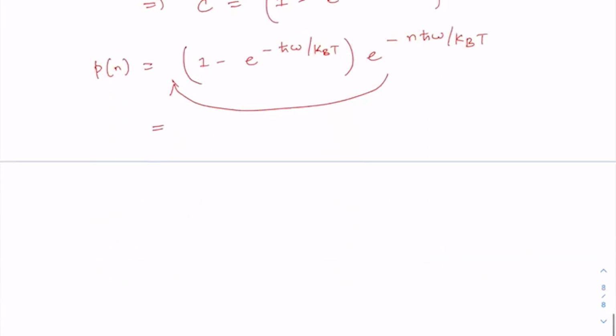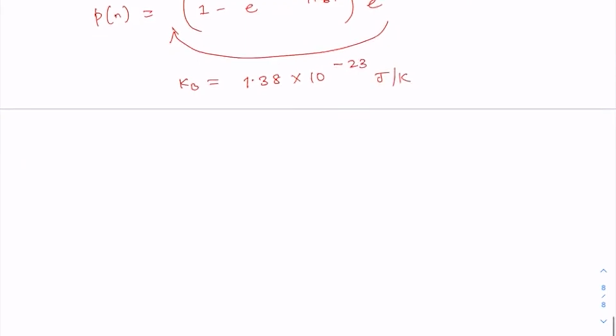Now I hope all of you, by the way, know that this Boltzmann constant kB, it's useful to remember, has a value 1.38 into 10 to the power minus 23 joule per Kelvin.